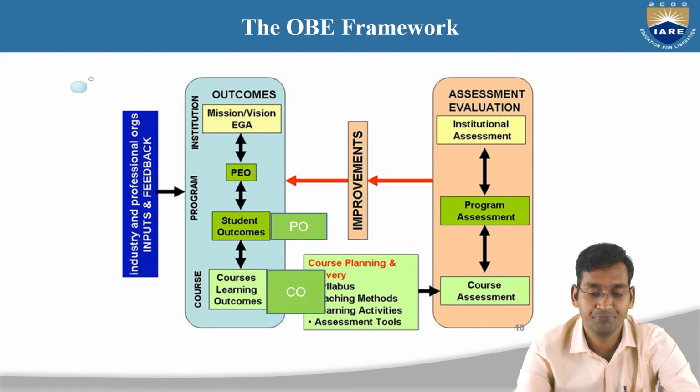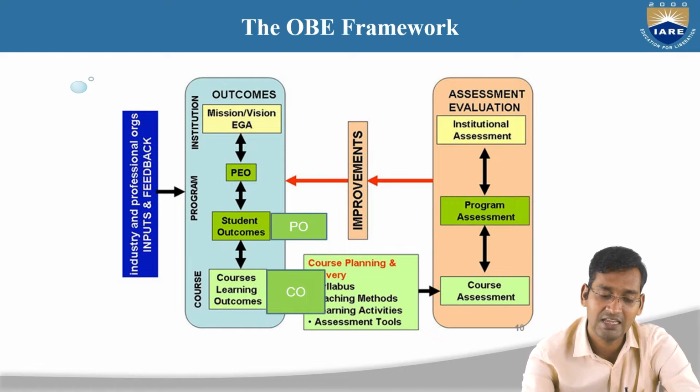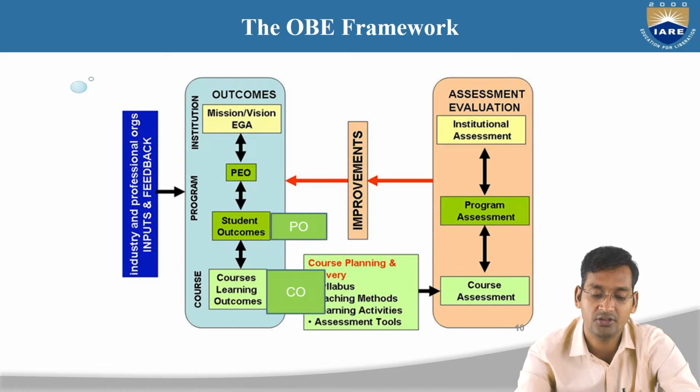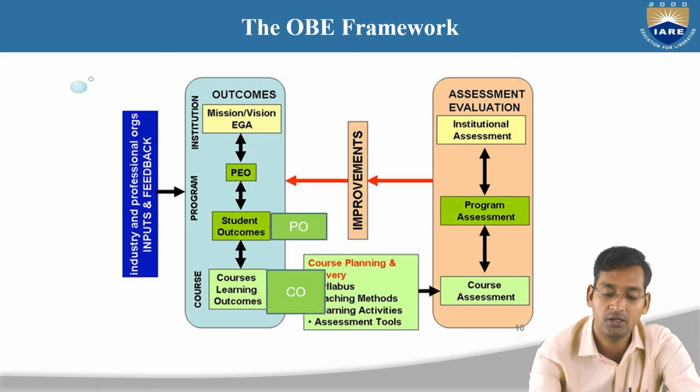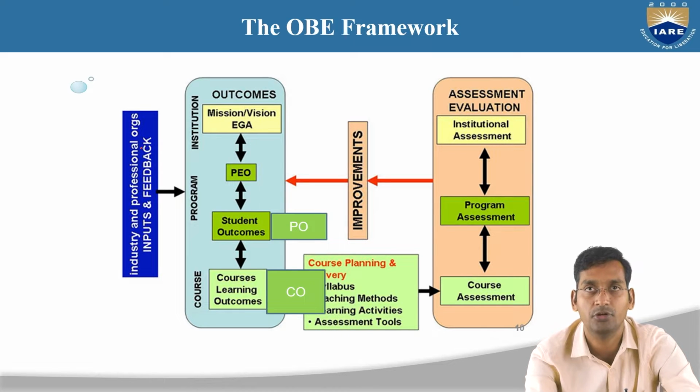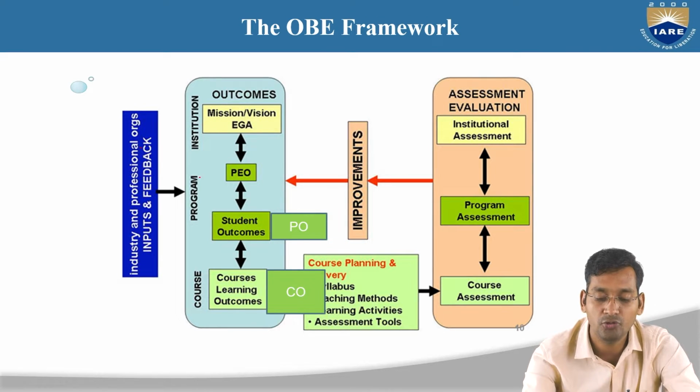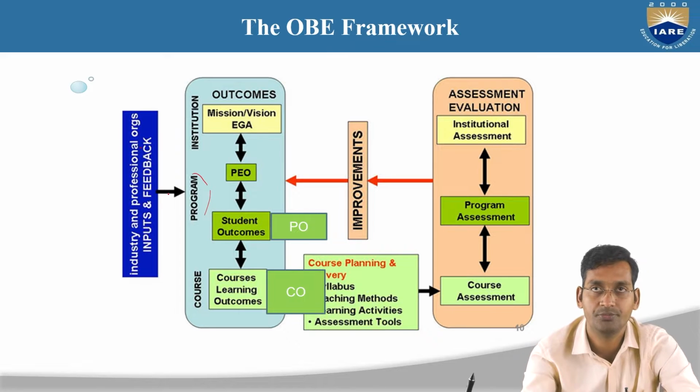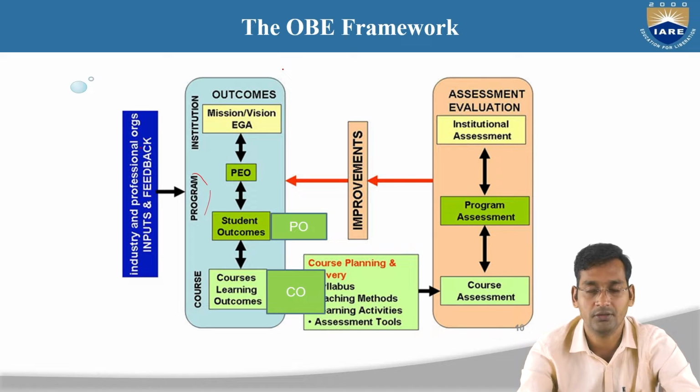Now this is the OBE framework. First, industry and professional organization inputs and feedback. The industry and professional organizations will give the feedback, and according to that the program will be made, right? In the institution, what outcomes will be there? Mission, vision, and so on.